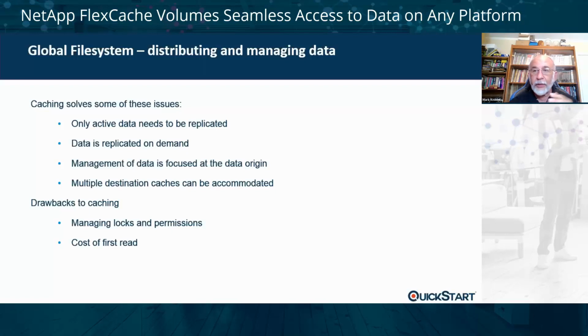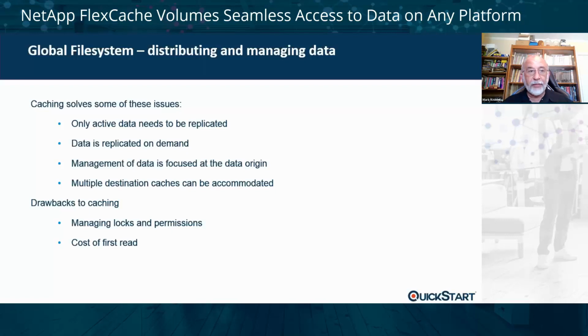And so only the actual requested data is getting moved. So we're replicating on demand in real time. This allows us to focus the data where it's needed, and at the same time allows us to focus management of the data at the origin or source side. It gets much more difficult if we have multiple origins.